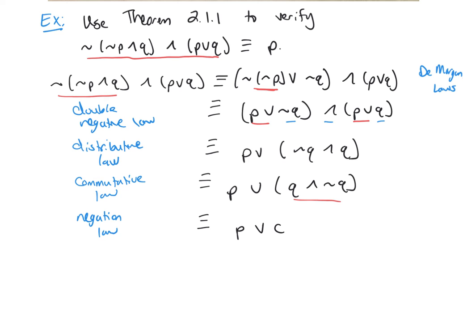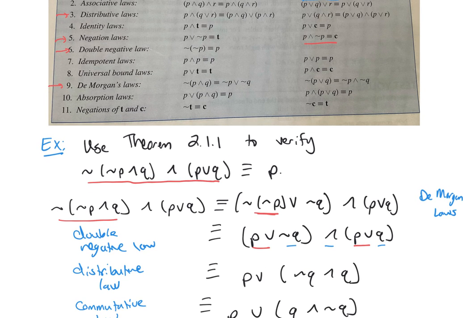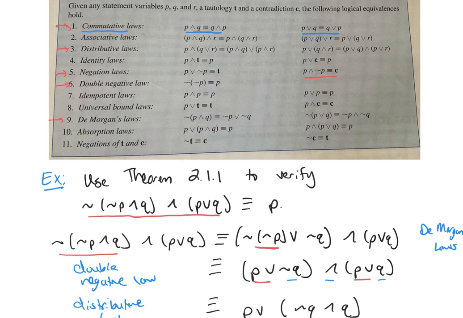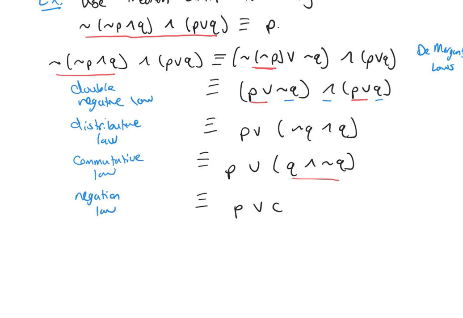And then when you have something or a contradiction, let's see, that was the identity law. So that's the fourth one. P or contradiction is P. So we're going to use 4. We're going to use the identity law to say that this is logically equivalent to P. And that's what we were trying to show.